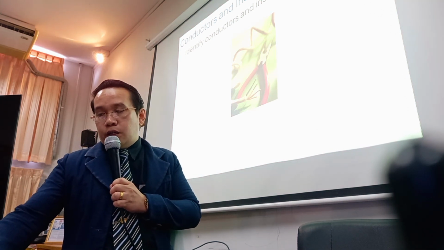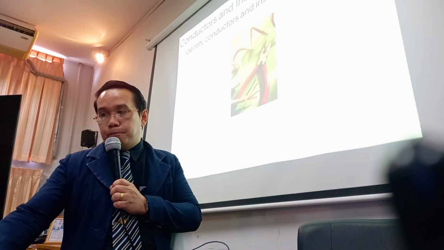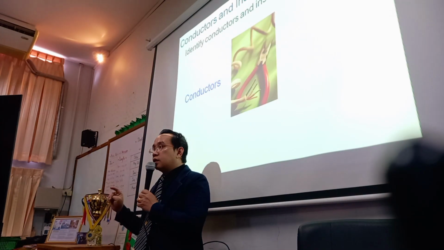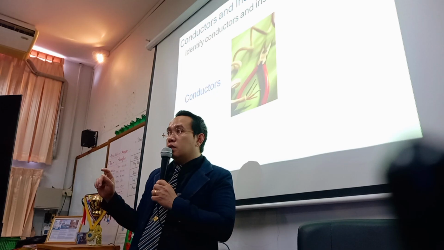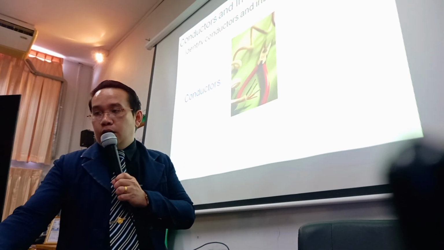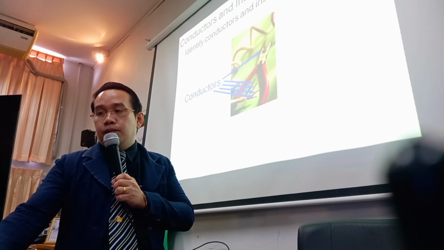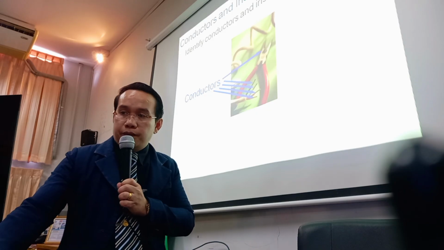Identify conductors and insulators in this picture. Okay. So which one do you think is a conductor? Can you point? Okay, so let's find out. The metal nose pliers and the copper wire. Right?